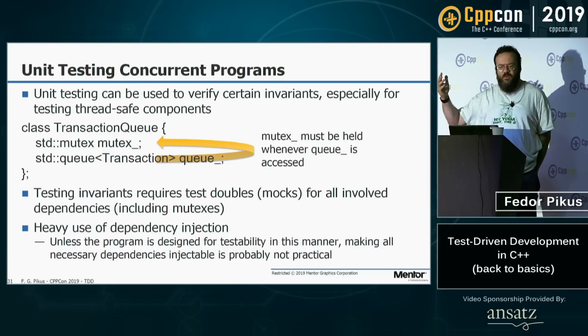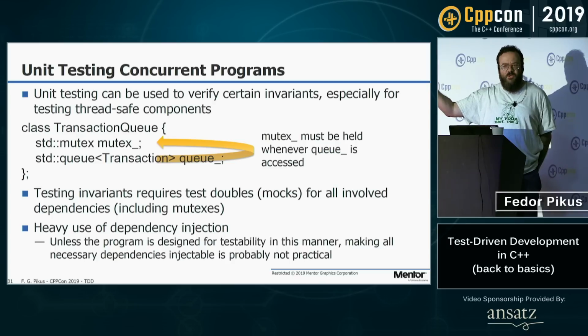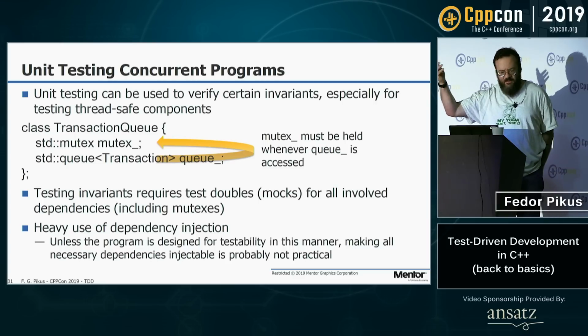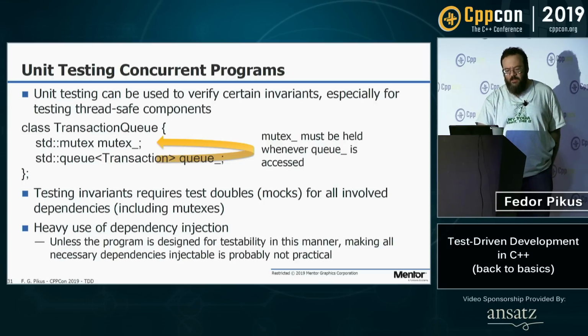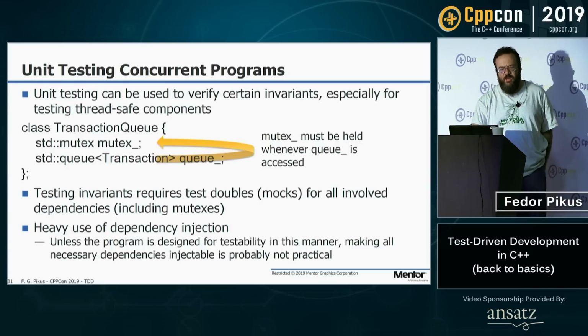I need an injectable mutex because I need to track it. I need to know if it was taken or not. I need a mock mutex, and a mock queue. Well, mock queue, you might think about a mock queue, but my mock queue needs to ask my mock mutex, have you been locked? So you have to dependency inject everything. If you didn't design for it, honestly, you're not going to be able to refactor for it.